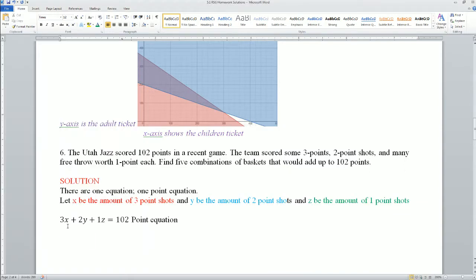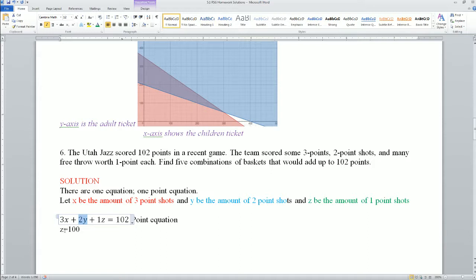Very easy. I can make z equal to, let's say, 100 free throws. That would be 100 points. Then I just add a y equal to 2.